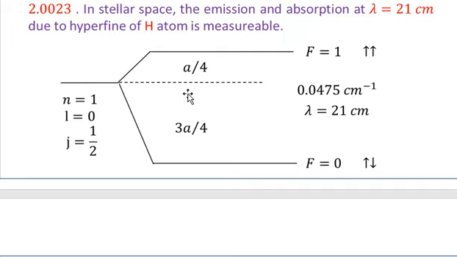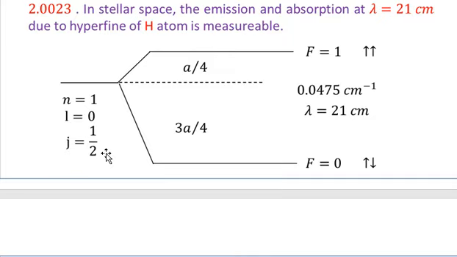The nuclear quantum number of the hydrogen atom is I equal to 1/2 and J is also equal to 1/2. So you combine I and J to get the value of F.